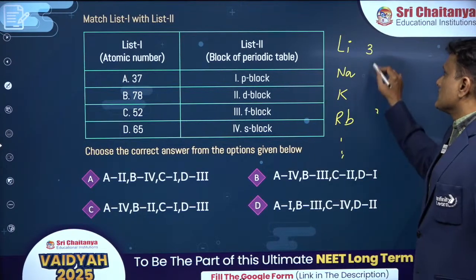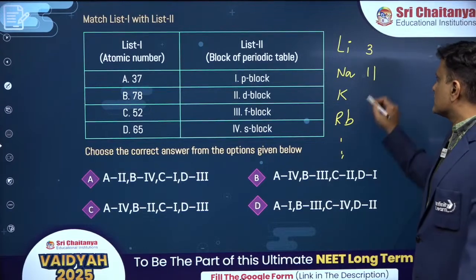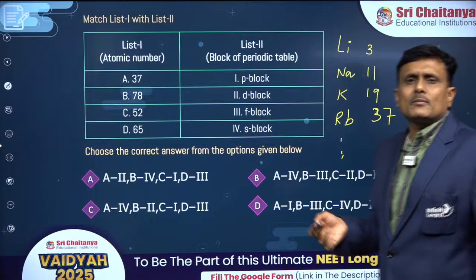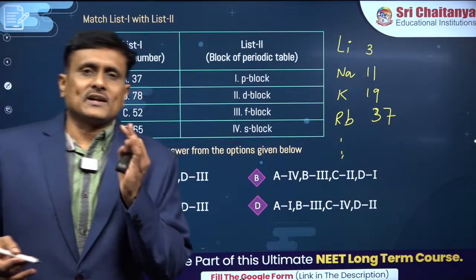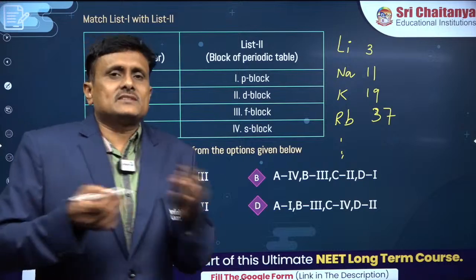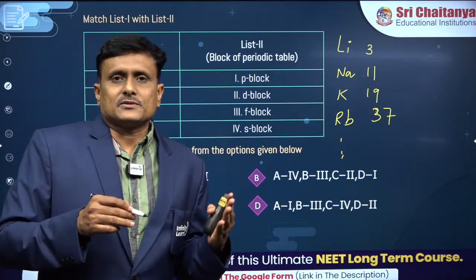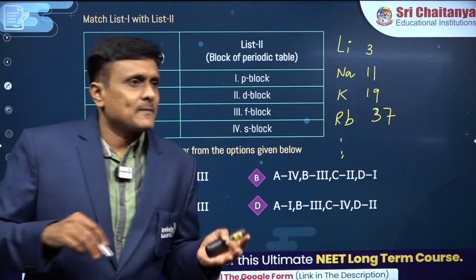Now you add 8 to this, you get 11, 8 to this and 18 to this, which makes it 37. So probably you will get some help over there by identifying at least one element that we know. So start from the least atomic number. That's my advice to you when you are asked such type of questions. Start from 1A.